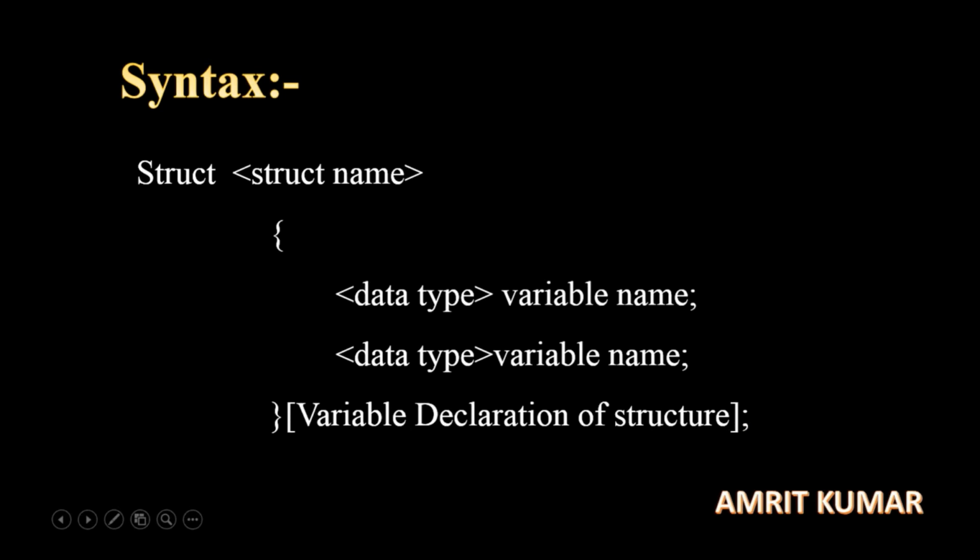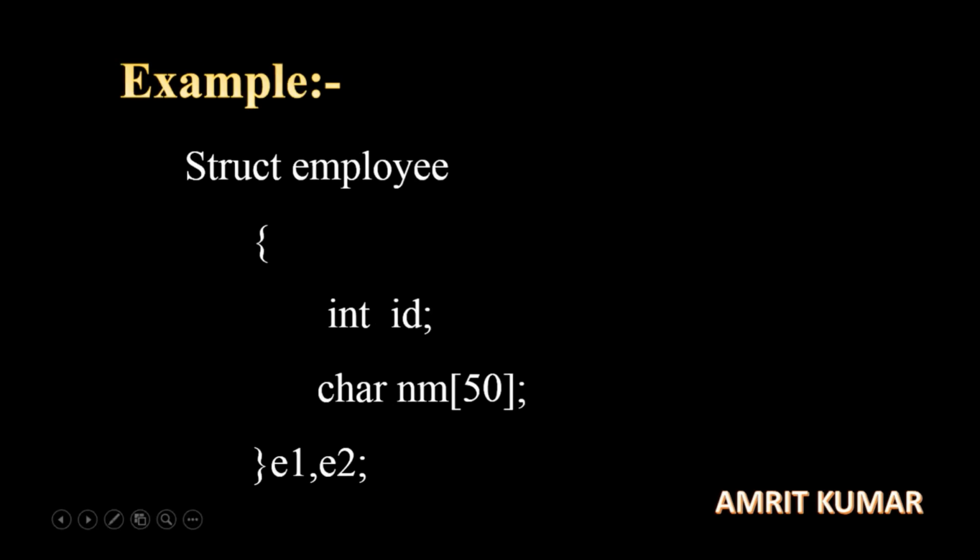You can see here the example, where I am creating a structure of employee. Employee is the name of the structure. So struct employee, then opening the curly braces, and in employee I am using two variables, that is id and nm, and nm is an array of size 50. So its index starts from 0 and goes up to 49. id is of type integer and nm is an array of character data type.